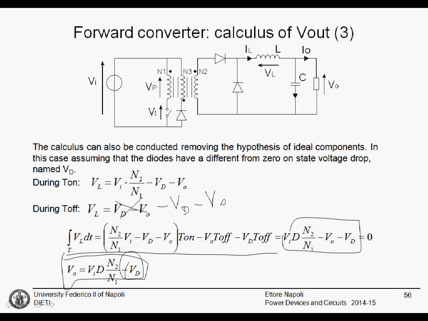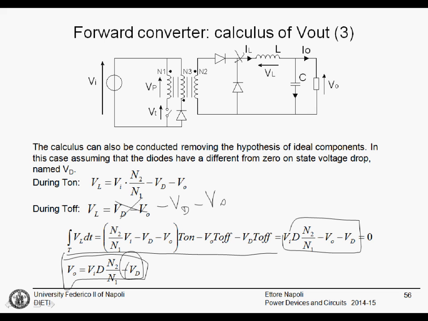This is reasonable since the voltage drop at this point is just diminished by VD in both phases. This is one example of how we can improve our estimate of the output voltage.